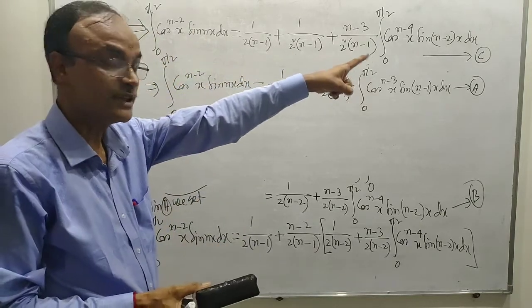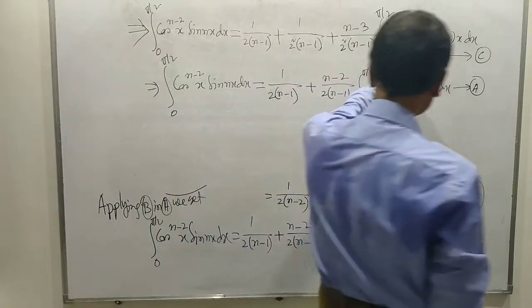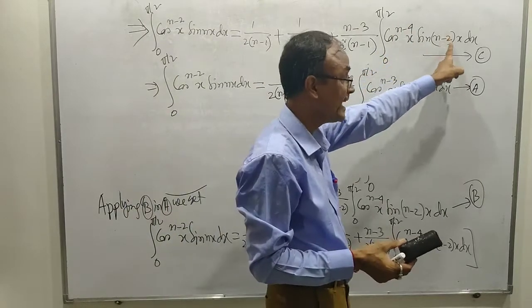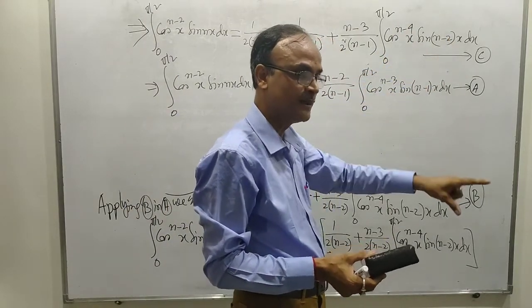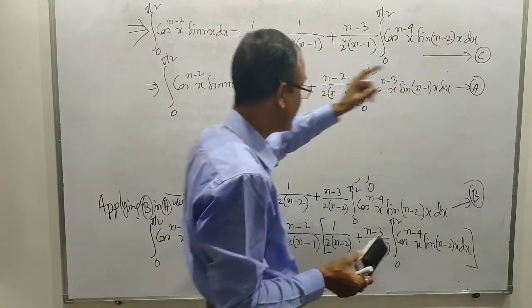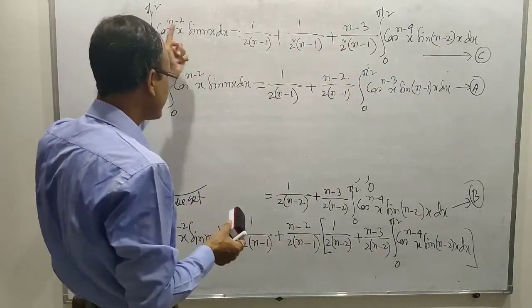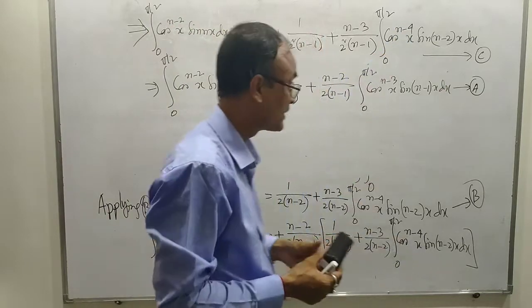In the right hand side, you notice cos x whole to the power n minus 4 sin (n minus 2)x. This means that n has been replaced by n minus 2, as well as this n also has been replaced by n minus 2.